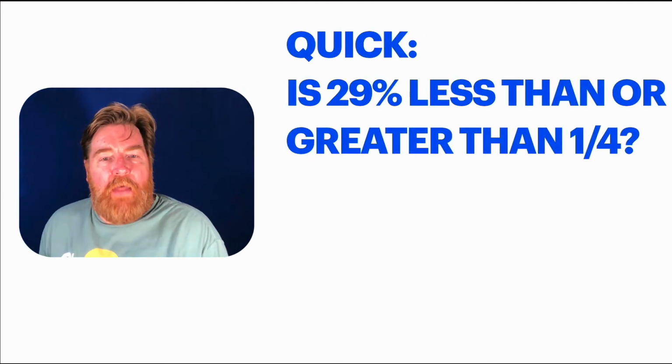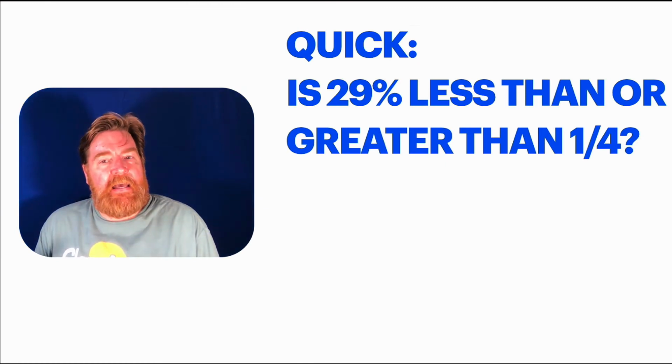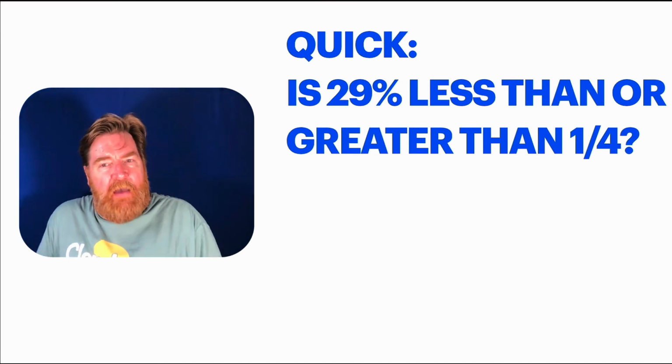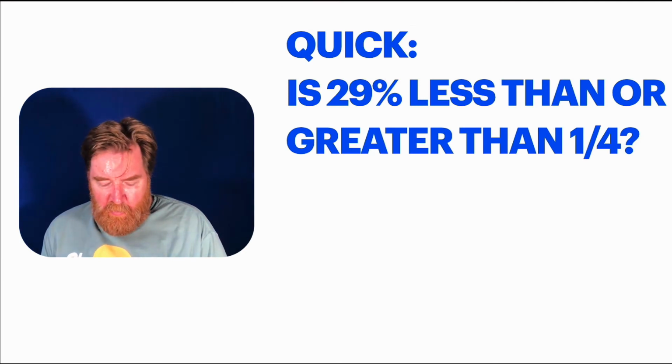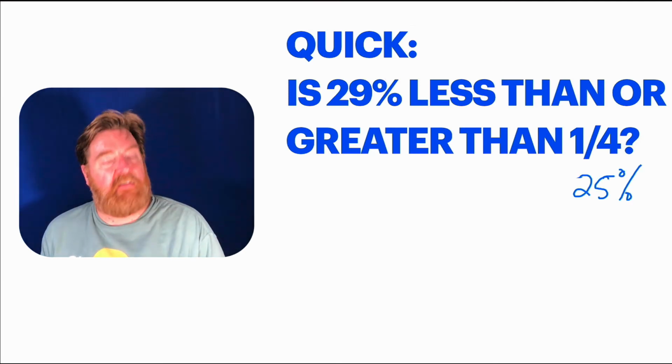Real quick, now that we know that, is 29% less than or greater than 1/4? How could you tell? Is it helpful to have them in the same form? Well, we know that 1/4 is 25%, isn't it?